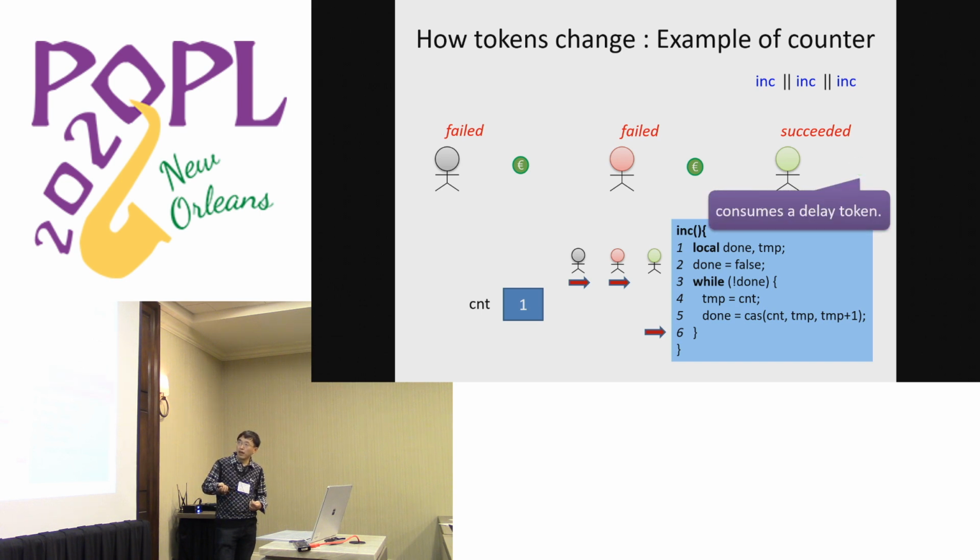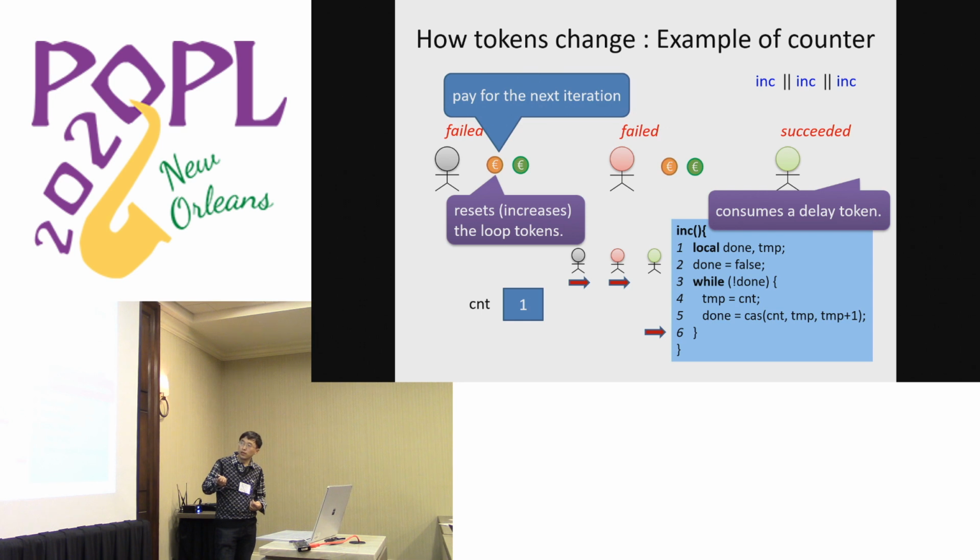And then for the other 2 threads, since they know they are delayed, we allow their loop tokens to increase. So we could reset the number of loop tokens so that they could do more loops. Essentially, you could view that you turn this delay token into more loop tokens.